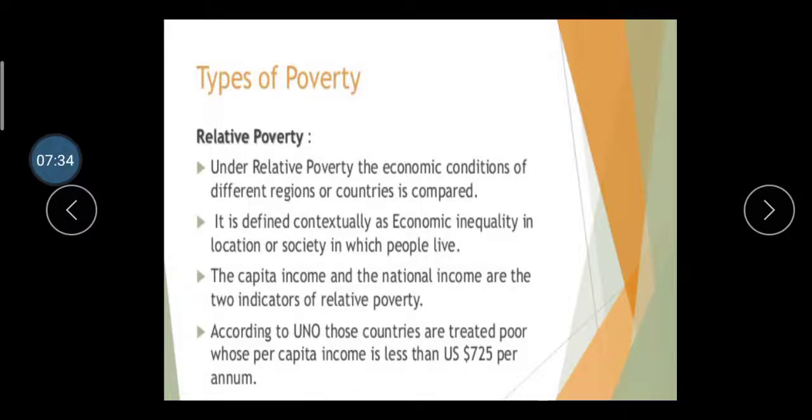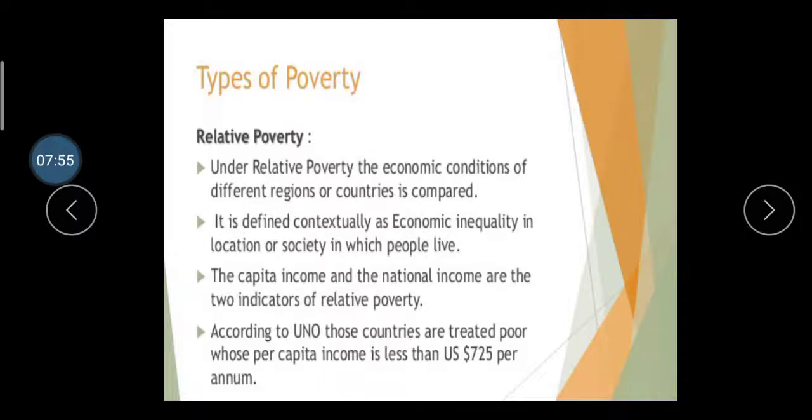Take the example that Gujarat is a financially developed state compared to Orissa and Bihar, right. So they do this type of comparison, and then we identify the poor person, who is considered as relatively poor. I hope you understand it.